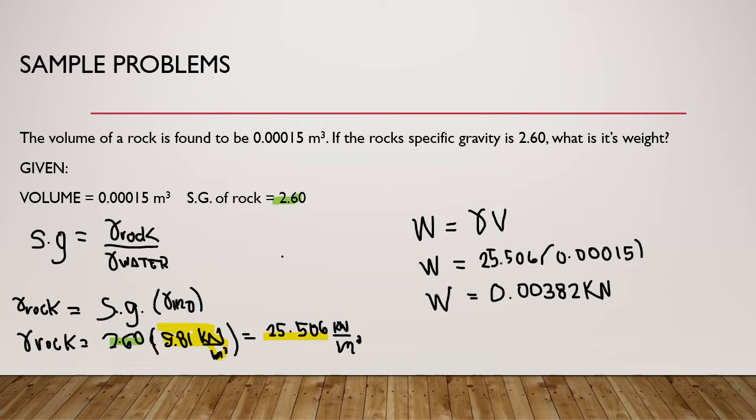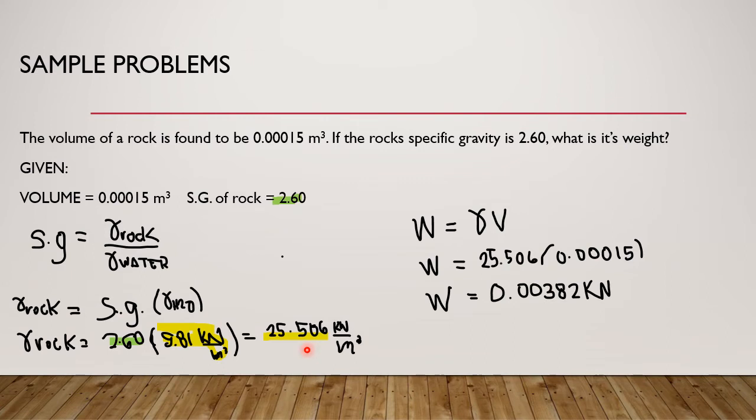Ngayon, punta tayo sa weight naman. Dito tayo sa weight. Weight is equal to gamma times V. Saan nakuha yan? Gamma is equal to weight over volume. Yun yung unit weight equation natin. Cross multiply lang. Ito yung na-derive natin. W o yung 25.506.